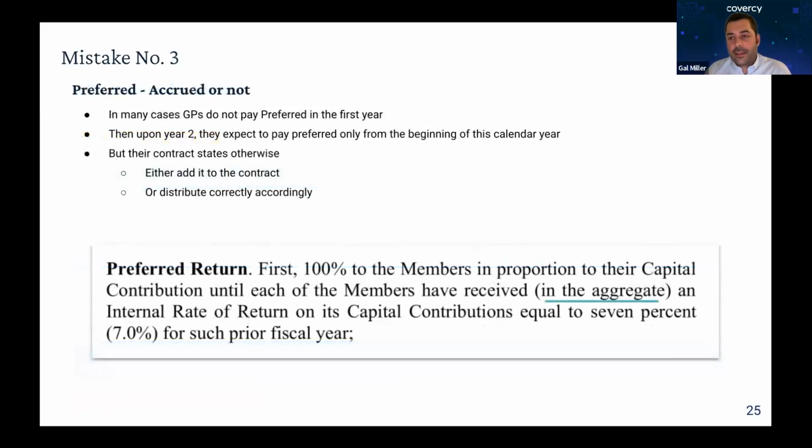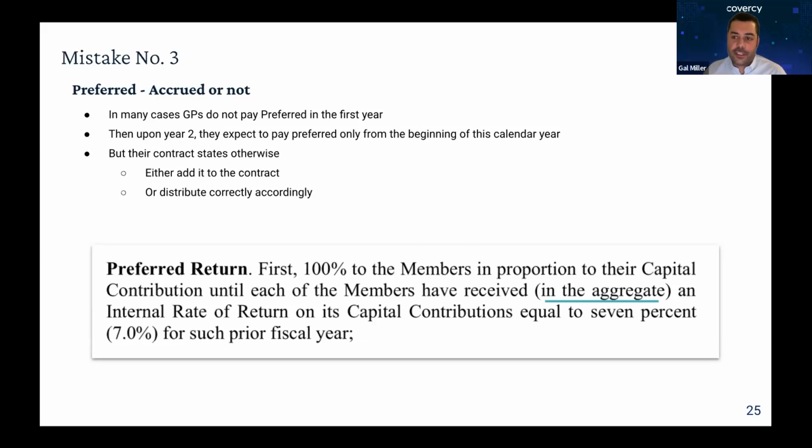The last mistake is not building the waterfall distribution file while drafting your contract, sometimes causing GPs not to be 100% familiar with how their deal is actually working. We've met a few GPs that only started paying preferred in the second year of the deal and did not know that they need to pay accrued from the first day of the deal.